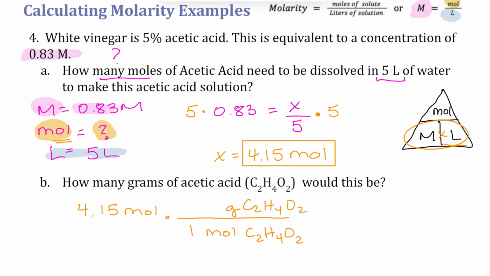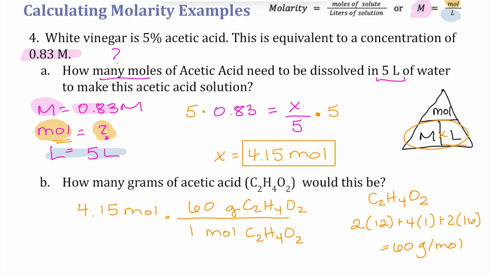Let's find that molar mass. We've got C2H4O2. Well, that means I've got 2 carbons. Carbon has a mass of 12, plus 4 hydrogens. Each hydrogen has a mass of 1. Plus 2 oxygens. Each oxygen has a mass of 16. And I get a molar mass of 60 grams per mole.